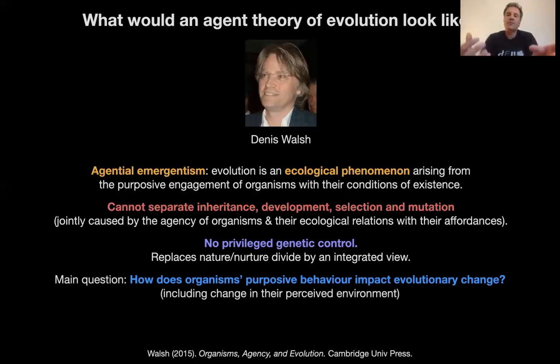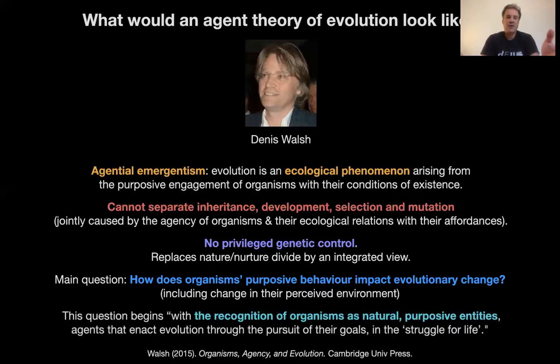And the main question is, how does the purposive behavior of the organism, the goal-oriented behavior, I should have written, impact evolutionary change? We don't know, and it's very hard to explain because all the explanations here are going to be heavily impredicative. Okay, so they're not going to be mechanistic. And there's just a whole bunch of chicken and egg problems here, to be honest.